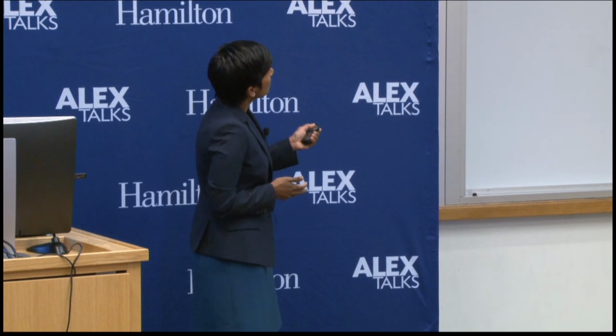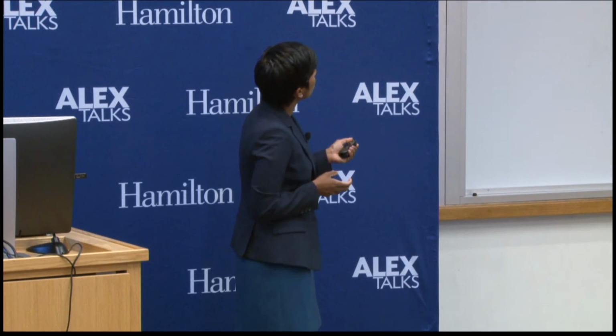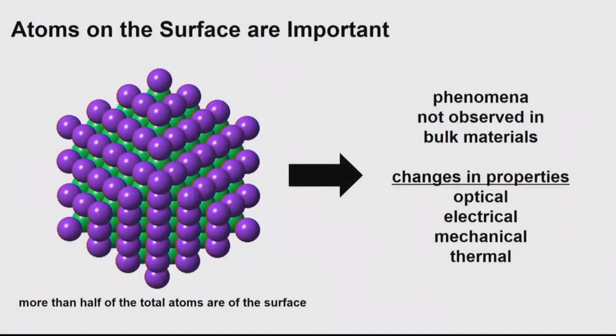Now, these hundreds of atoms that are gathered together actually create some very interesting phenomena. And why is that? Well, let's look at what's really on the surface of these nanoparticles. If you think about a few hundred atoms making up one particle, and you think about what's really on the surface, like the surface atoms, more than half of the total atoms of a nanoparticle are actually on its surface.